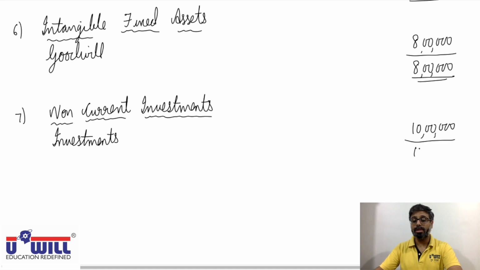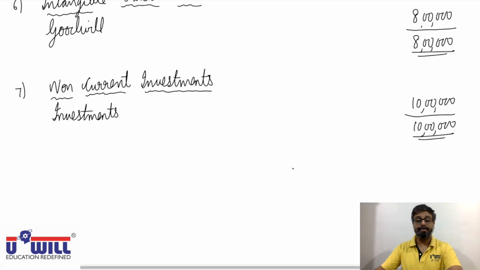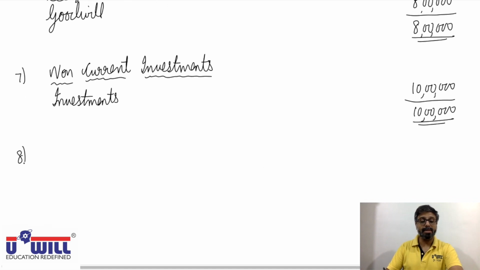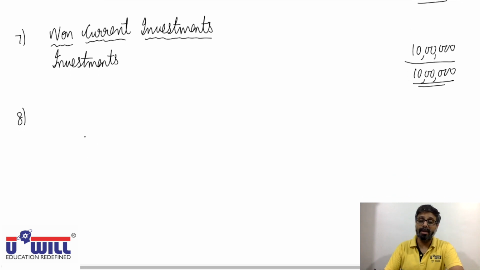Total also 10 lakhs. Then after non-current investments, other non-current assets and long-term loans and advances we don't have. Now we come to current assets. In that, current investments we don't have. Directly inventories.